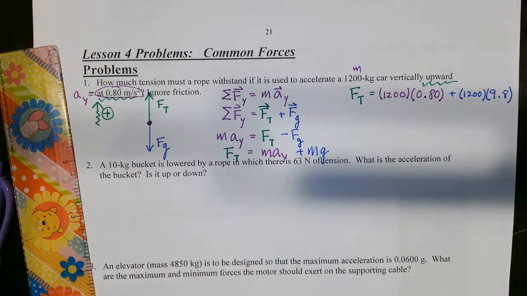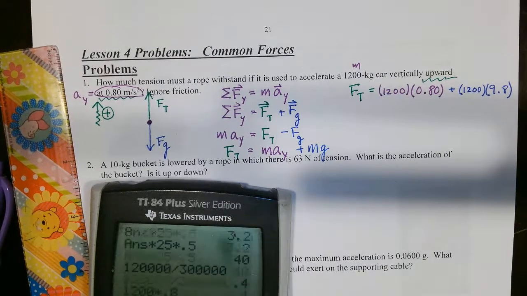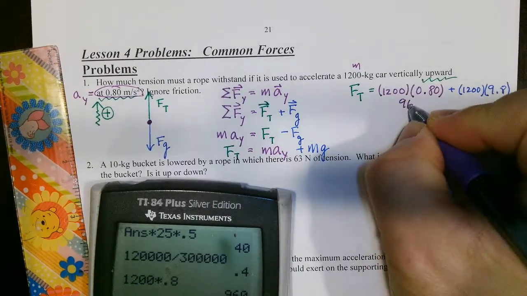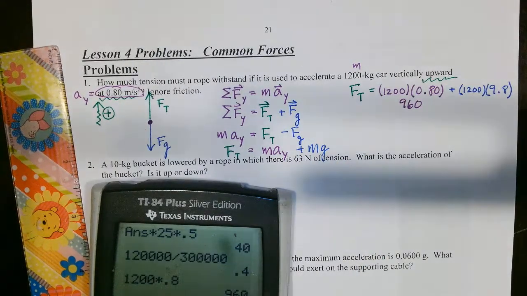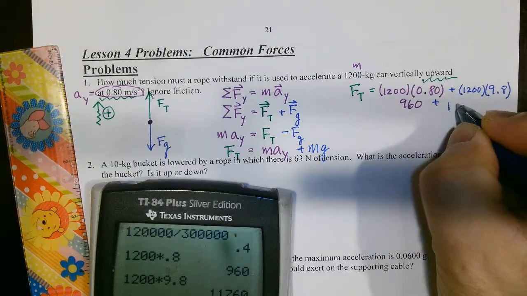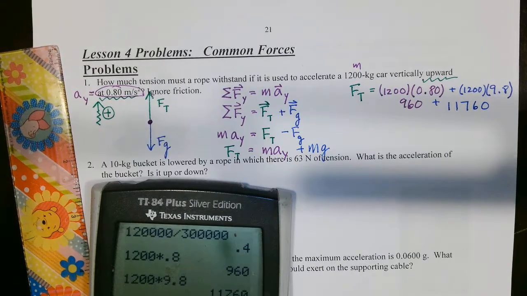All right. So now if we take our calculators, 1,200 times 0.8, and I get something like 960 for this one, right? Plus 1,200 times 9.8, and I get 11,760, right?